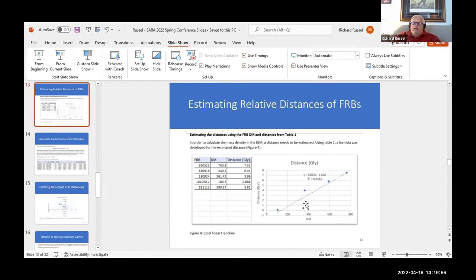And from that, I can use the density formula to determine what the density is between the FRB and the observer. Now, since the distance in the galaxy is so little compared to the intergalactic space, the other assumption I made was about the dispersion measure based on just the distance in the galaxy.